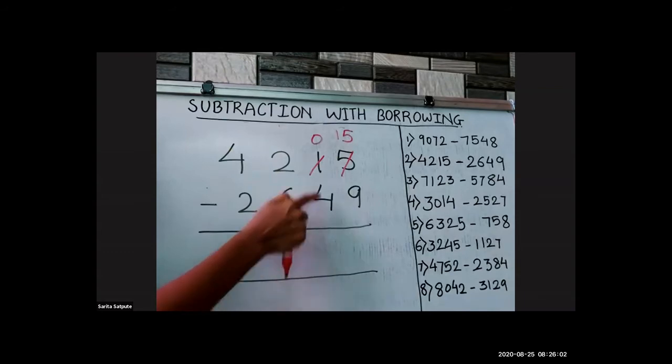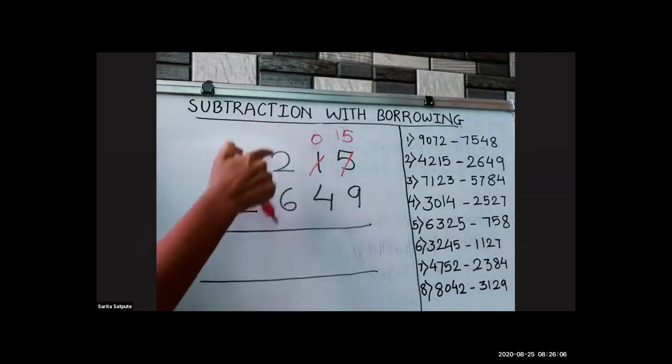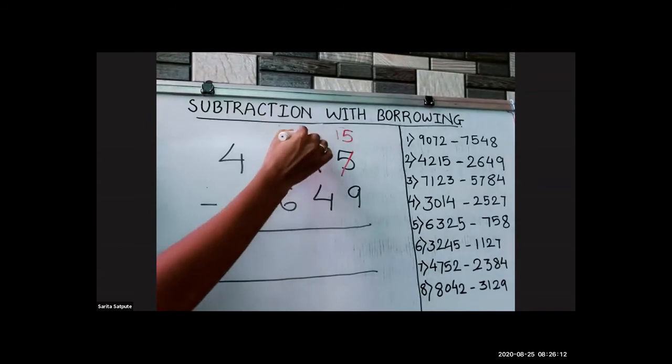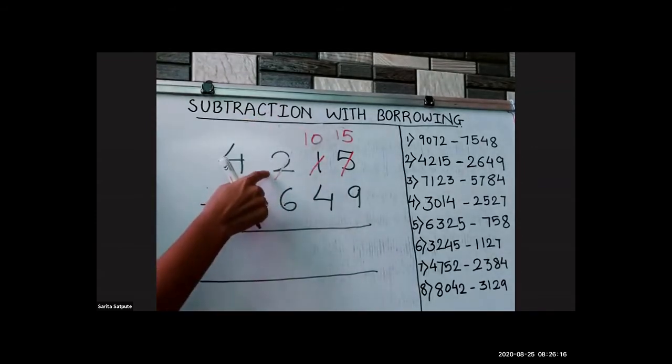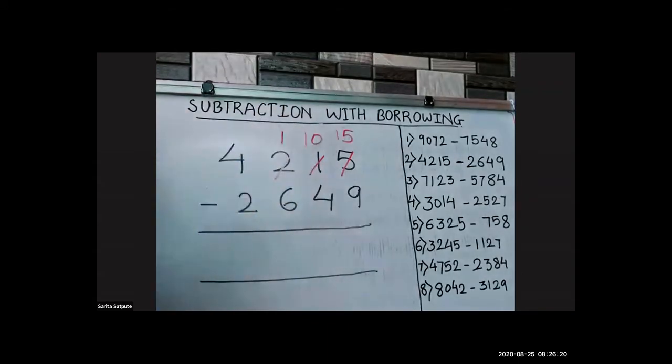You cannot subtract 4 from 0. It is not possible. So what will 0 do? 0 will come to 2 and ask, can you give me one number? So 2 will give one number to 0 and it will become 10. Because 2 has given one number to 0, 2 will become 1.